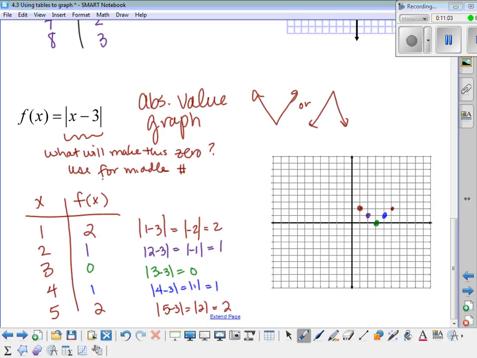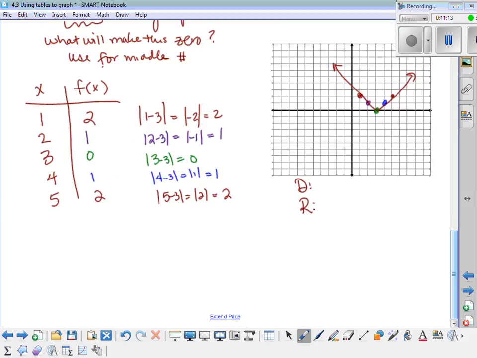All right, so then when you graph it, the graph looks like that. Okay, is there a limit left to right in the x direction, how wide or how narrow it's going to get? Is it going infinitely left to right? Yes, it is. So it's all real numbers for your domain.